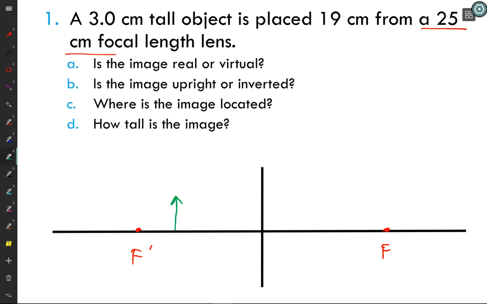The object is the green arrow, at 19 centimeters, on the left side. By convention, I drew it with the object on the left side. If you drew it with the object on the right side, you'd just be reversing it.